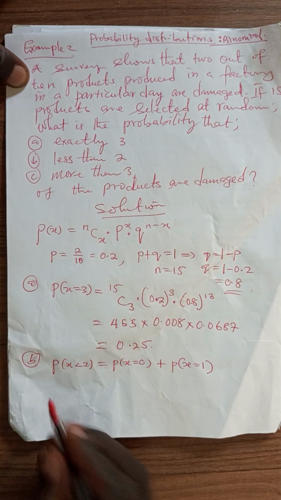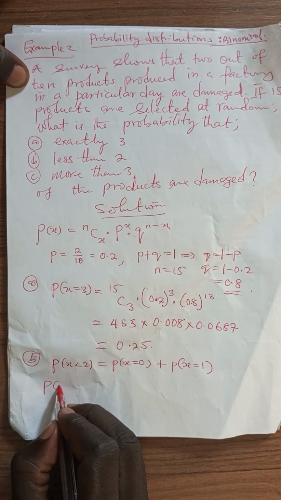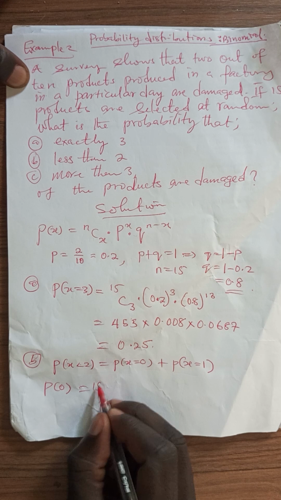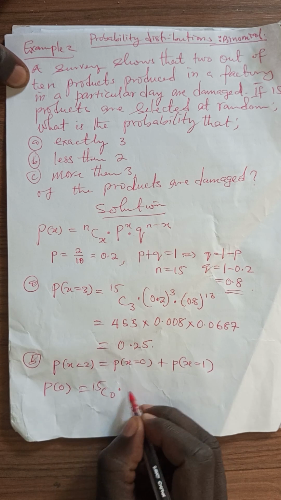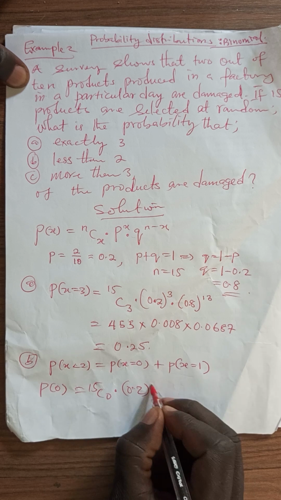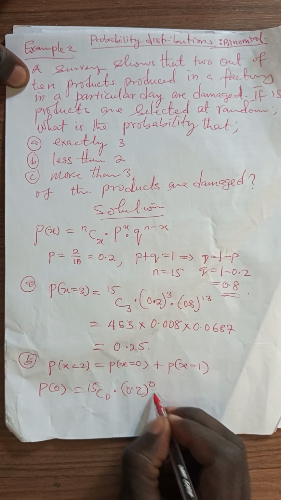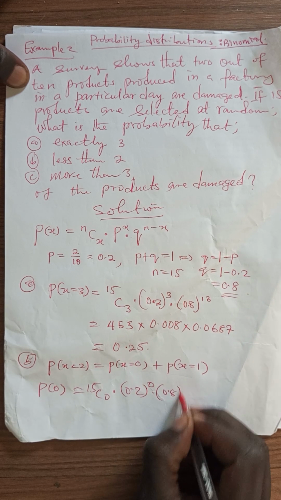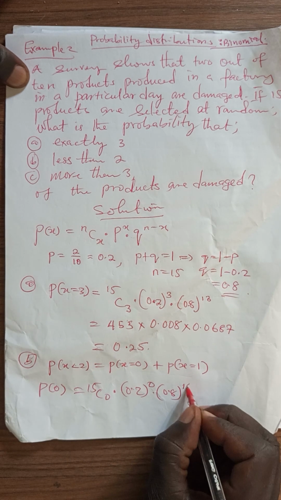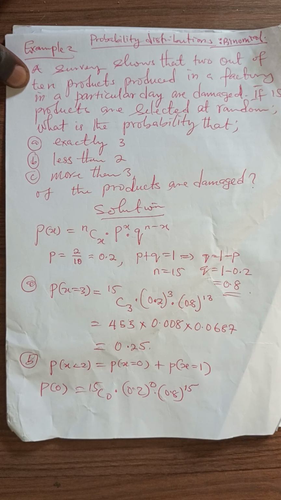Now we go ahead and compute P of x equals 0. So that is going to be 15 combination 0 times 0.2 raised to the power of x, which is equal to 0, times 0.8 raised to the power of n minus x, and that is equal to 15, because 15 minus 0 is 15.